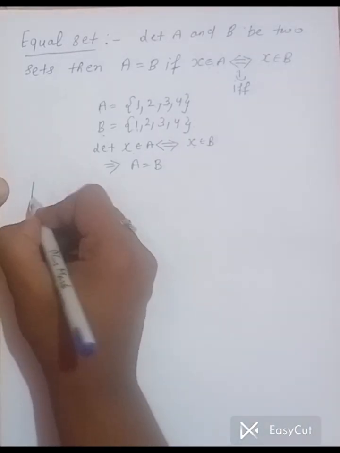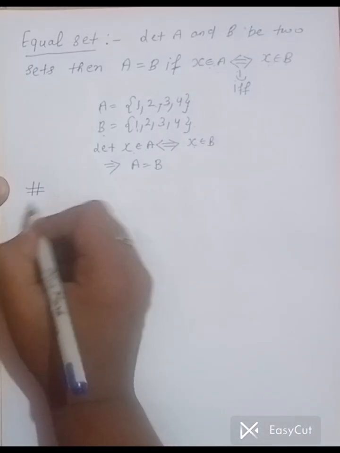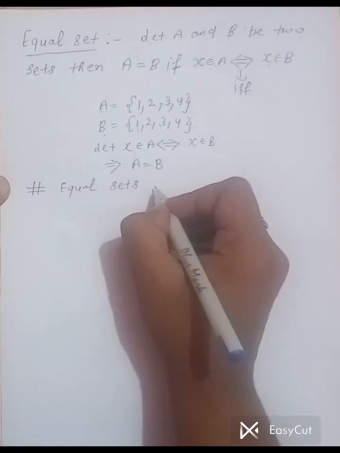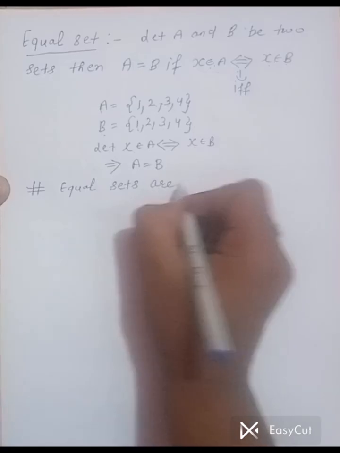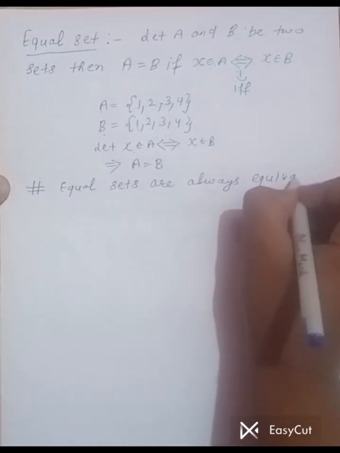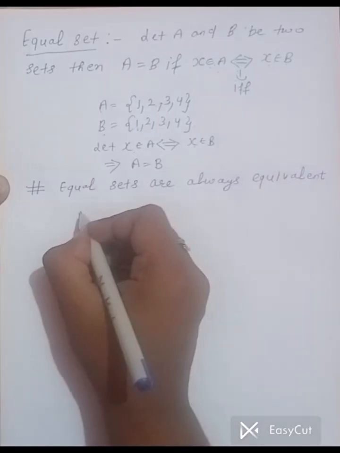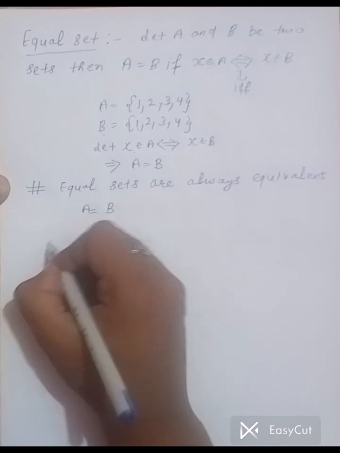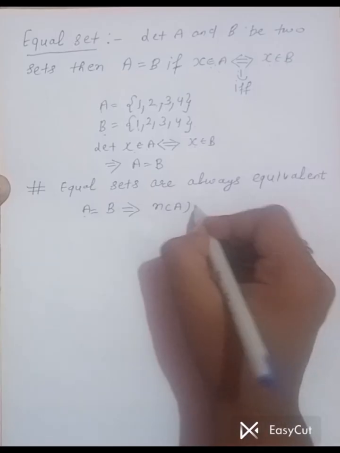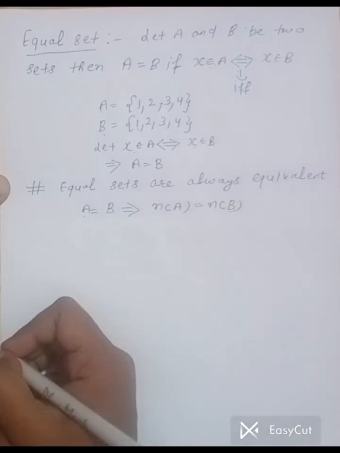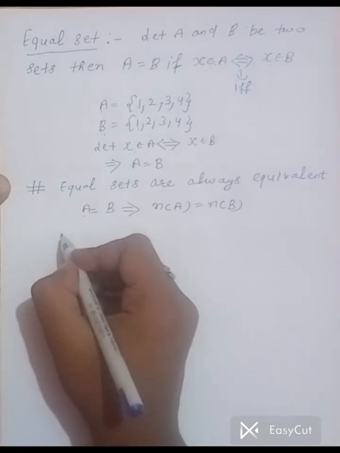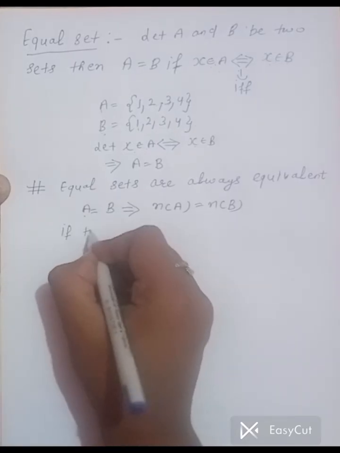Also, there is a result that equal sets are always equivalent. Because if A is equal to B, this implies cardinality of A, the number of elements in A, is equal to the number of elements in B. Easily you can get the result. But what happens if two sets are equivalent?